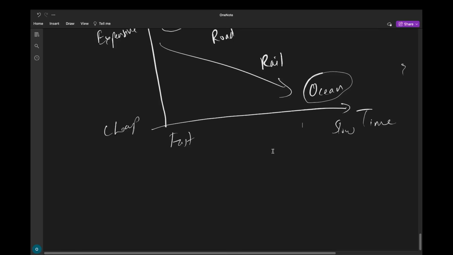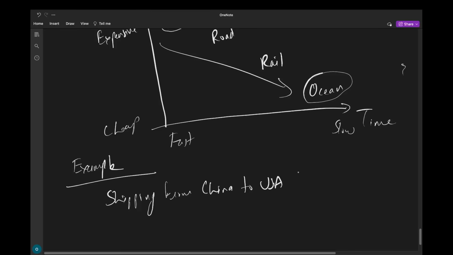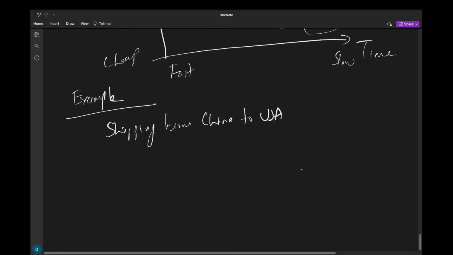So let's assume some example scenario. Let's take the example of shipping from China to US. Now what is the need?